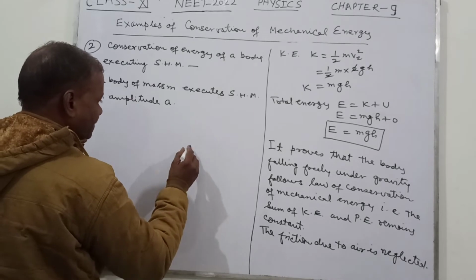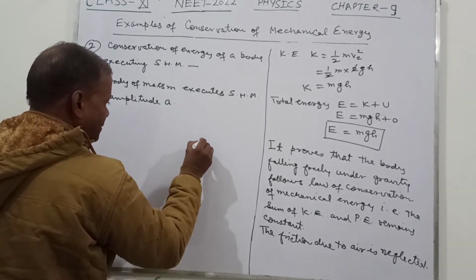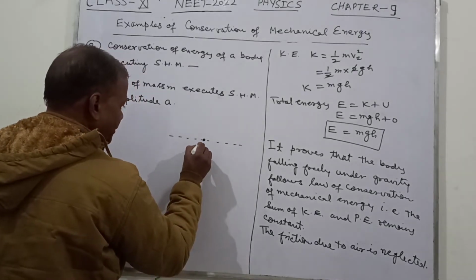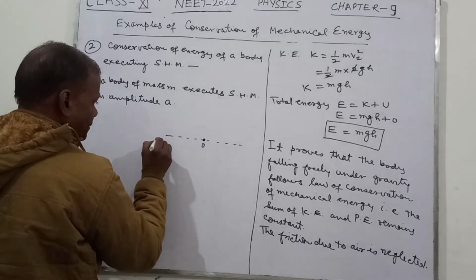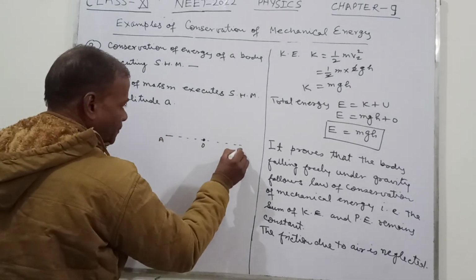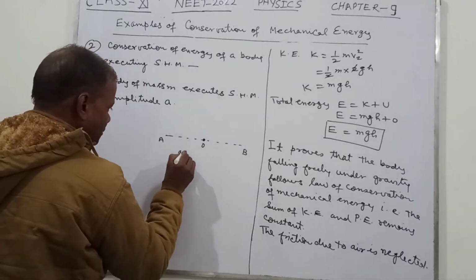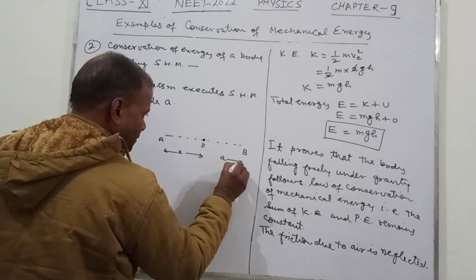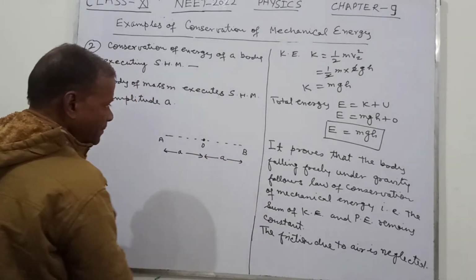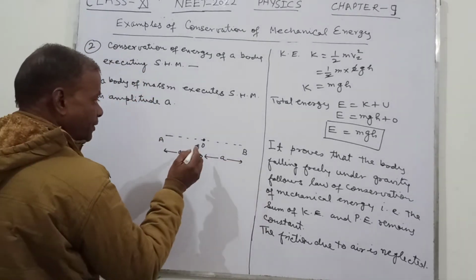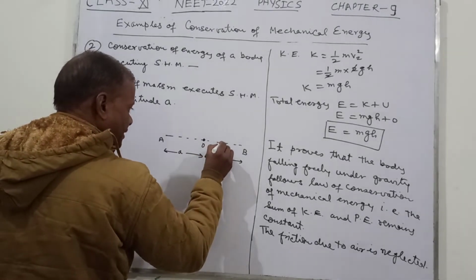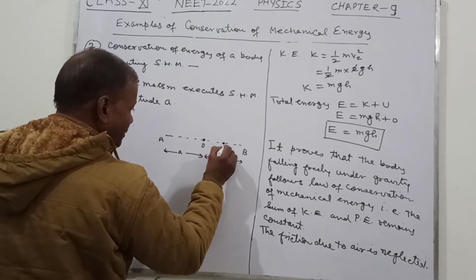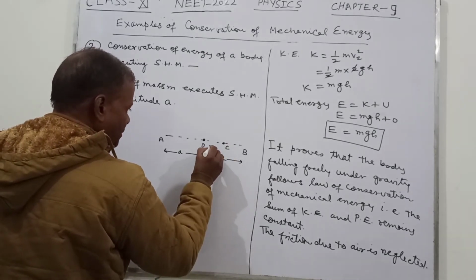Let this be the position of the body. This is the mean position O. This is the position A and this is position B. This is the amplitude A. Now let the body be at any time at a point C, so that this distance is x.